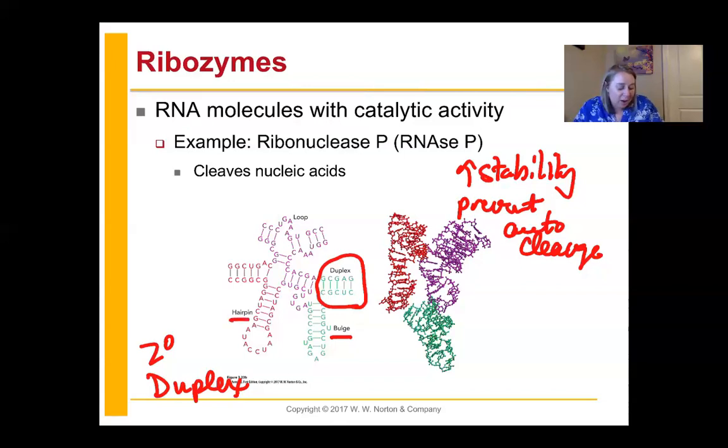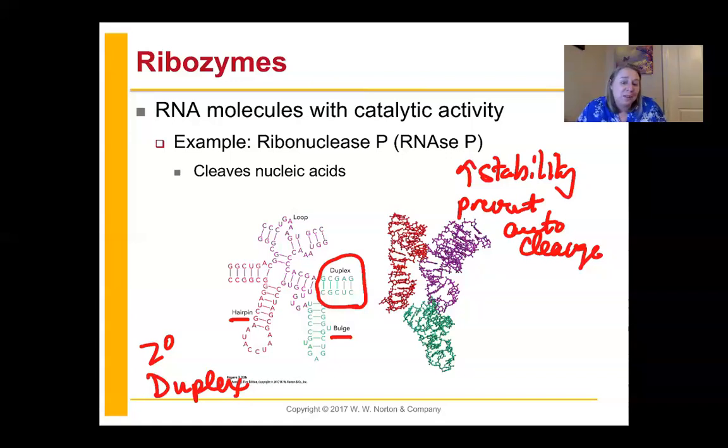You can have a hairpin. A hairpin is where you start with a duplex, and then that duplex ends in basically a big bulge. But it really looks like a hairpin. If you've ever used hairpins before, ladies, you basically have two, and then you have the loop. So that's your hairpin. You can also have a loop.